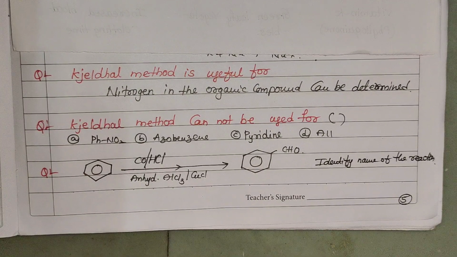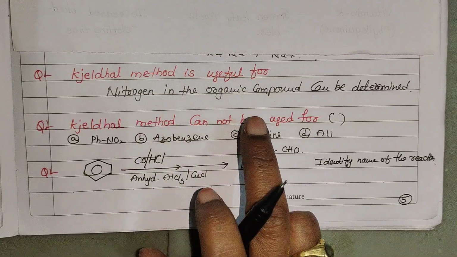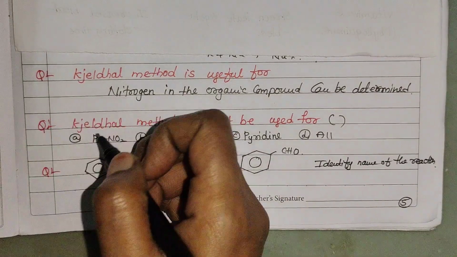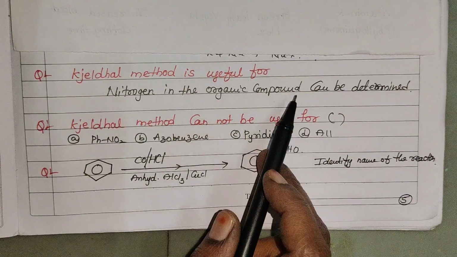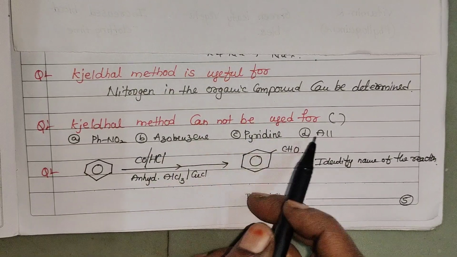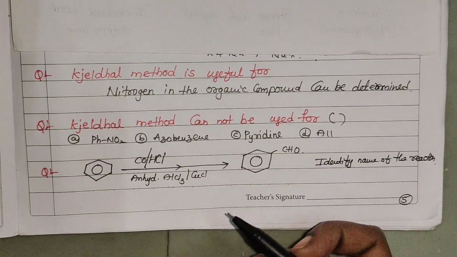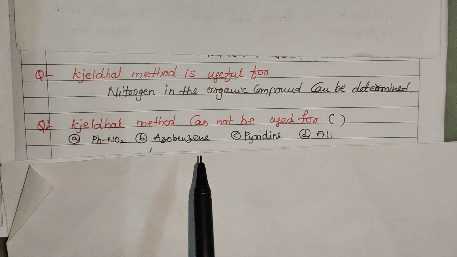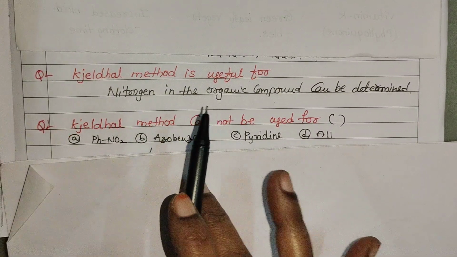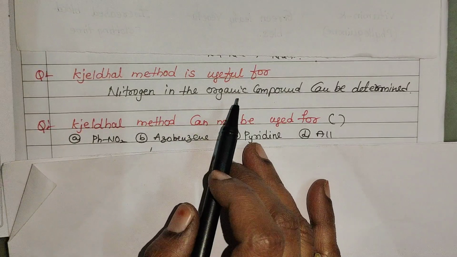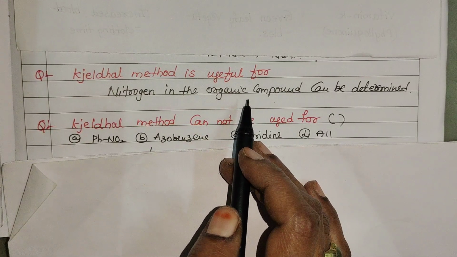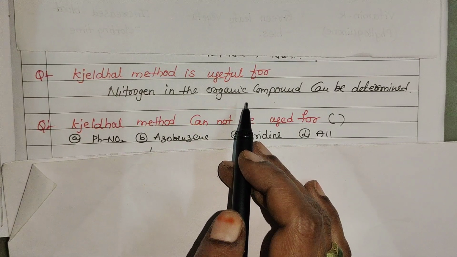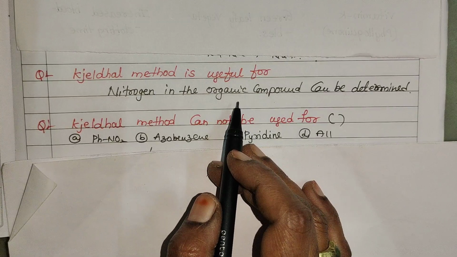Is it an important question? Kjeldahl method. Here J is silent. Kjeldahl method is used for, or is not used for, what? It is very, very important. Remember it. This Kjeldahl method was developed by John Kjeldahl and first published in the year 1883.